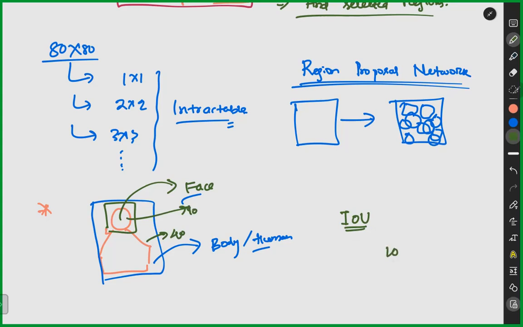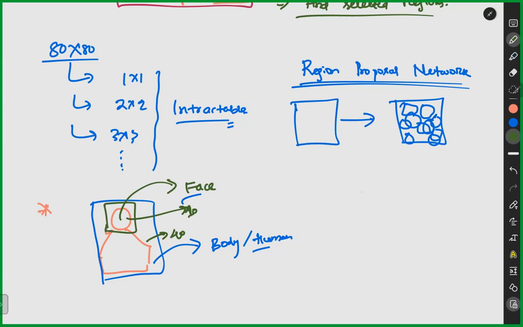Intersection is 10, union is 40, so this is 1/4. I don't think this is the best metric to use, but what happens is that we see how much extra we are getting.